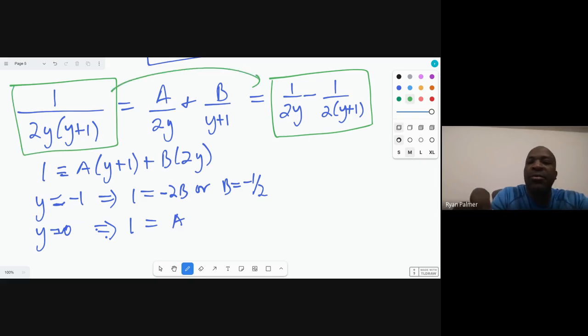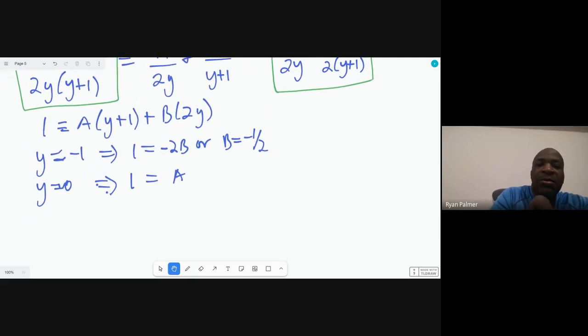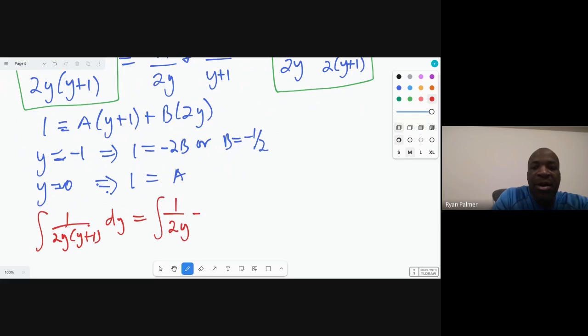So now we can integrate the expression on the left-hand side using that result. So the integral of 1 over 2y(y plus 1) dy is equal to the integral of 1 over 2y minus 1 over 2(y plus 1) dy.